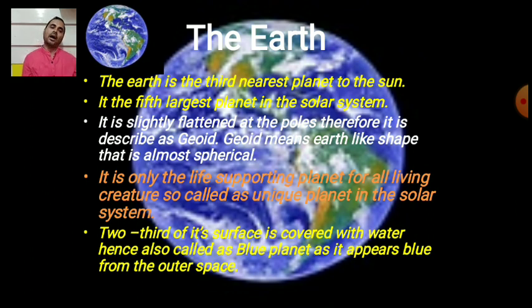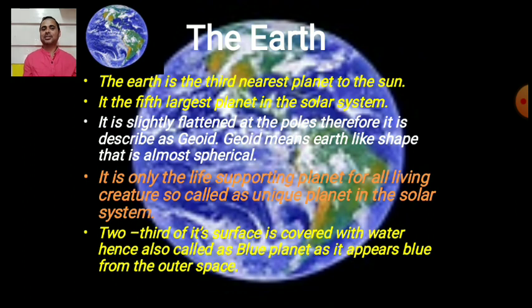Do you know? Earth is called a unique planet in the solar system. What is the reason for calling Earth a unique planet of the solar system? Because it is the only life supporting planet for all living creatures.